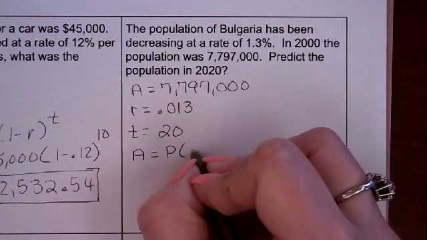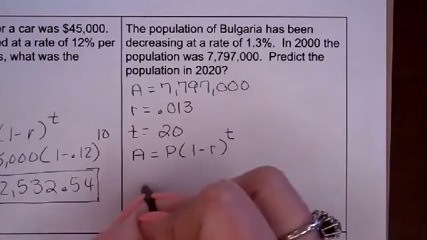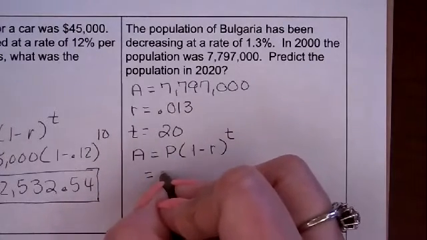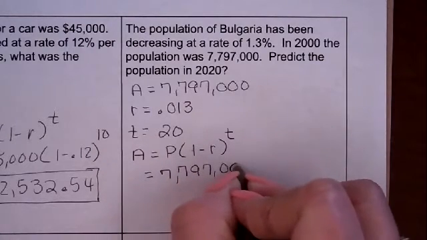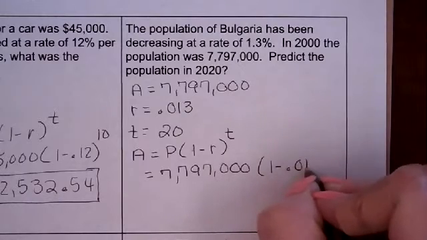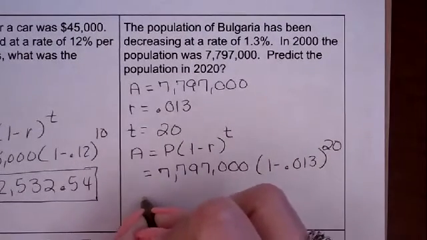Now, let's write down our formula. A equals P parentheses 1 minus R close parentheses to the T power. Substitute our numbers into the appropriate places. So 7,797,000 times 1 minus 0.013, all raised to the 20th power.